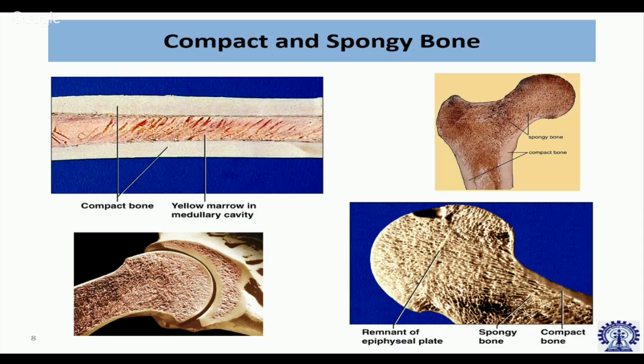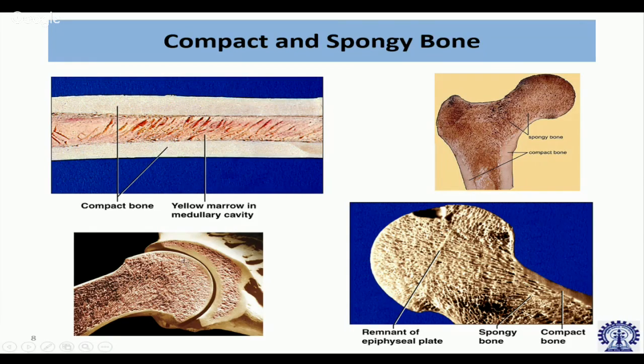So inner core, you can see here a cross section through the femur in the coronal plane. You have spongy bone, trabecular bone, or cancellous bone, and this forms the inner core of the structure, which is covered by a layer of varying thickness of compact or cortical bone.